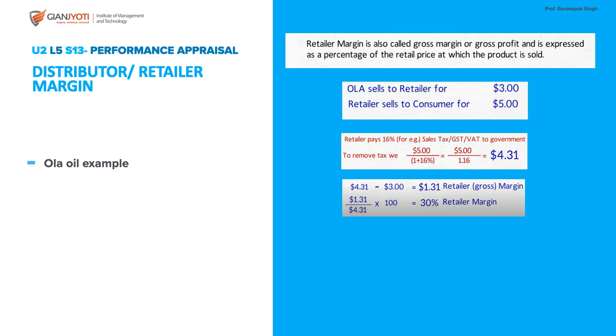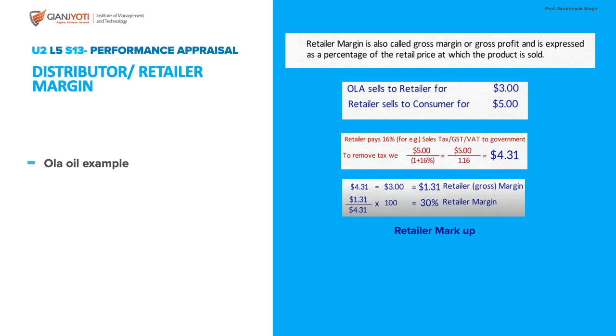This cost is for operations and for selling and any other charges which they are taking. So the retailer gross margin is 4.31 minus the cost. If I want to calculate it in terms of percentage, 1.31 divided by 4.31, you get 30%. So 30% is the retailer margin.